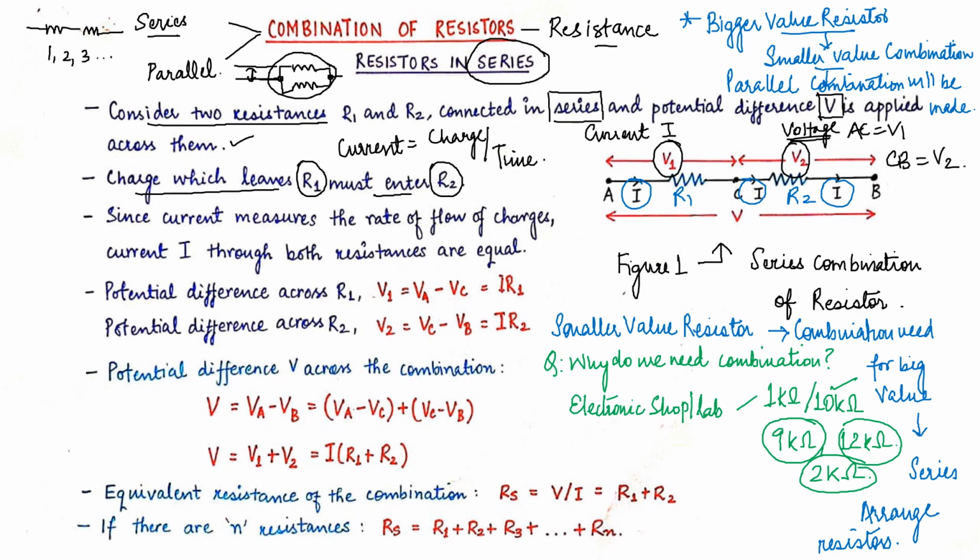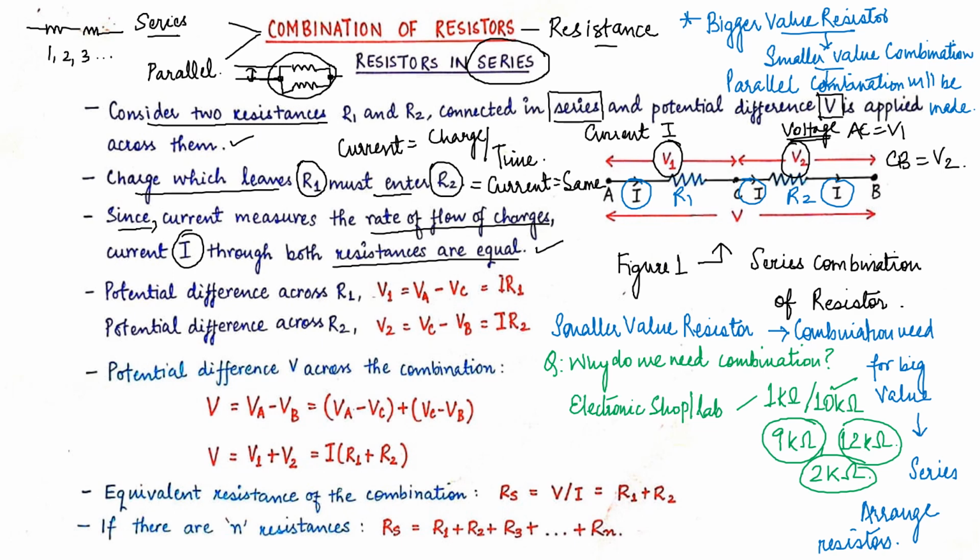So the charge which is leaving resistance 1 will enter resistance 2. Hence current is same. This line supports that current is same. Since current measures the rate of flow of charges, current I through both the resistances is equal.